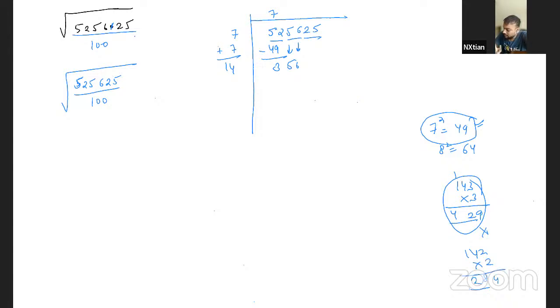So it will become 2, then 13, no 15. So it becomes 7, 2, 2, 5. And then I will just add, because I multiplied 2, so I have to add 2. It will become 144.